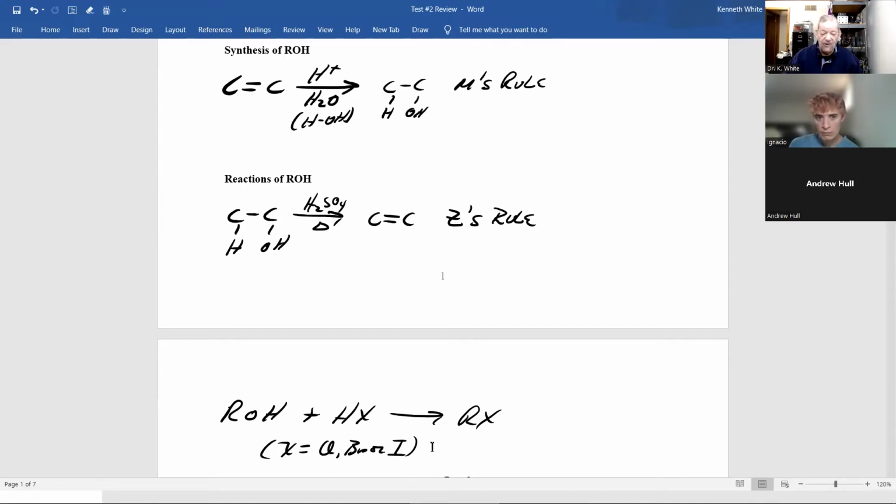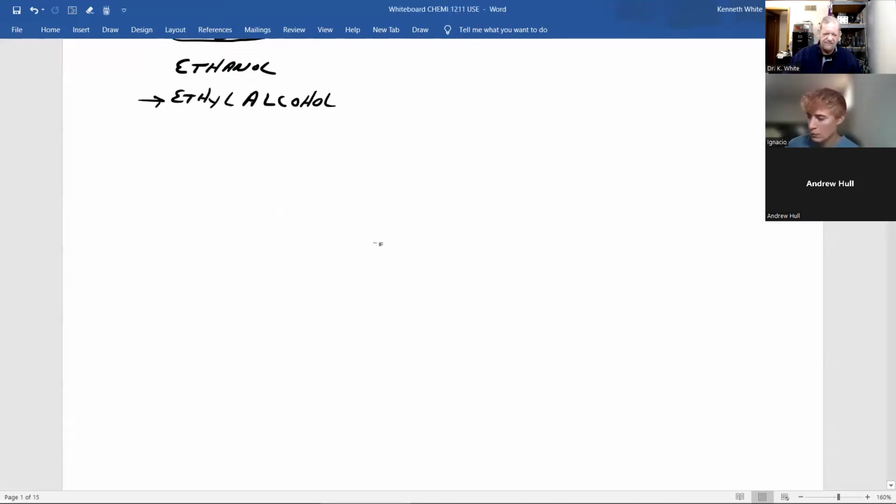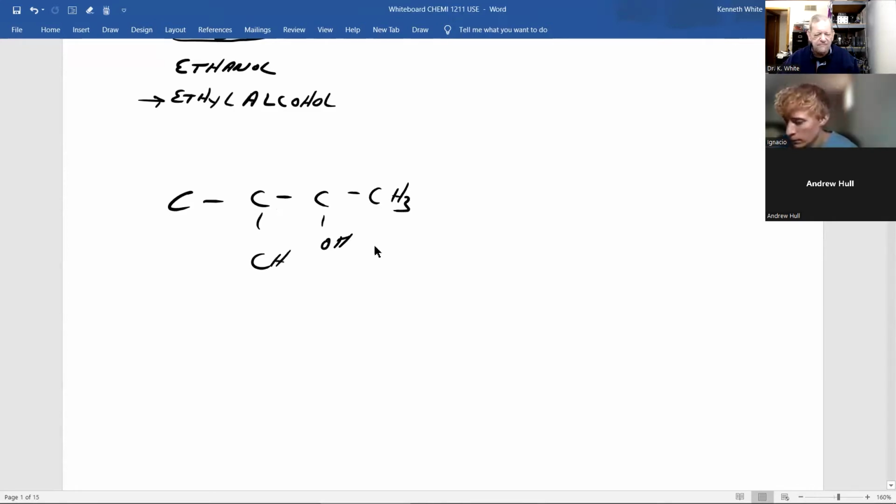So let's take a look at this. This one can be challenging. So the question is, what's the product or products of the following reaction? Clean up this hydrogen.